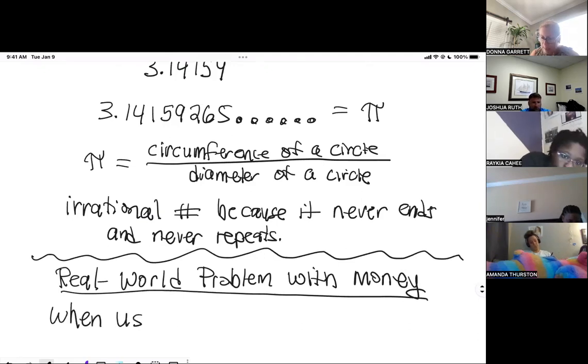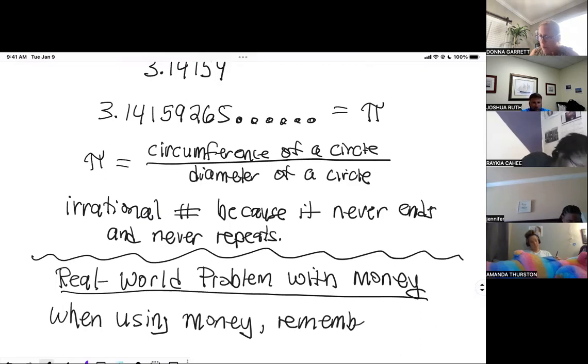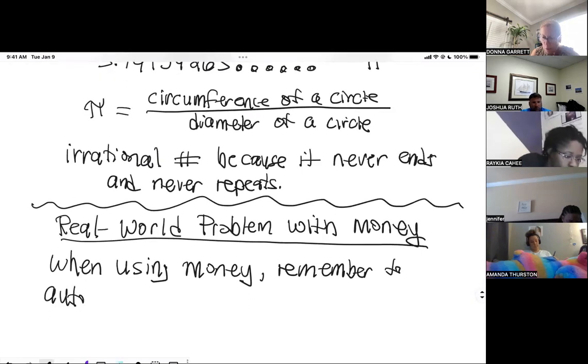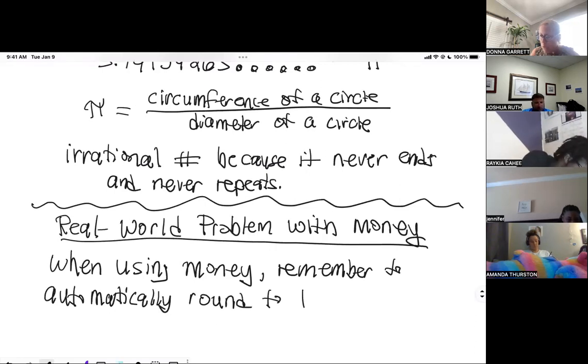When using money, remember to automatically, you don't have to be told, round to the nearest cent.